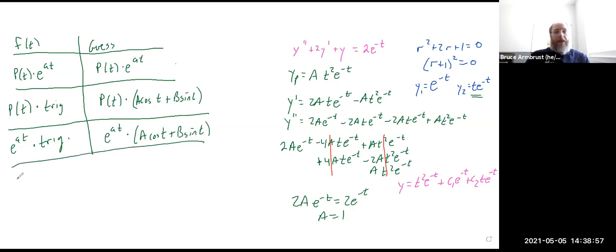And then the last one is what if we have a polynomial times an exponential times a trig. Yeah, okay, well, you're going to do a polynomial times the exponential times the combination of the trig.